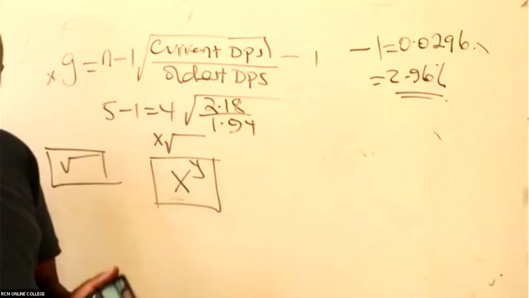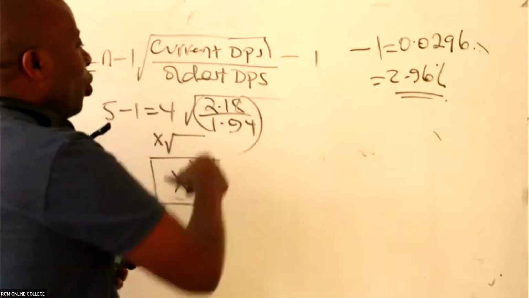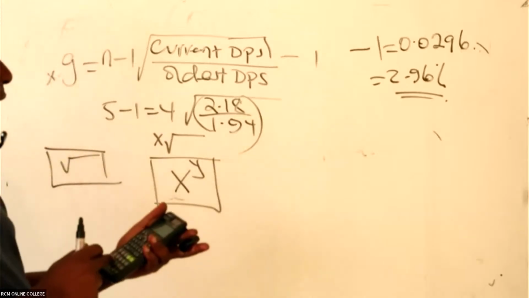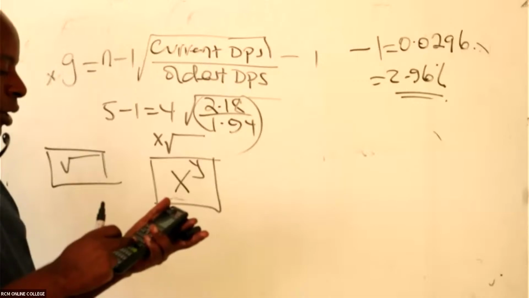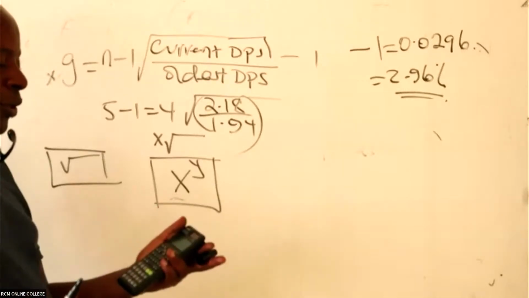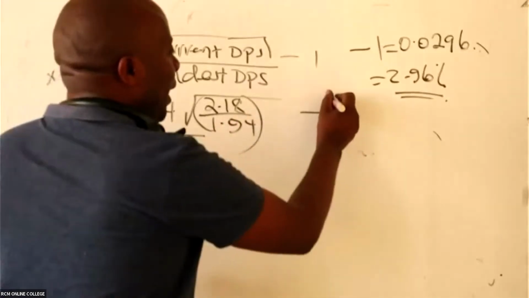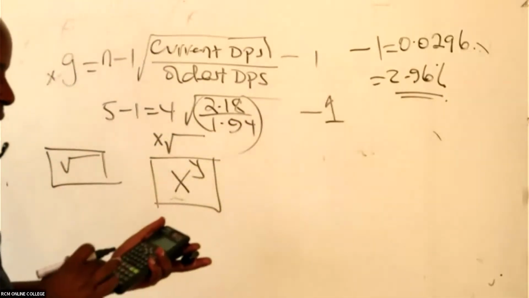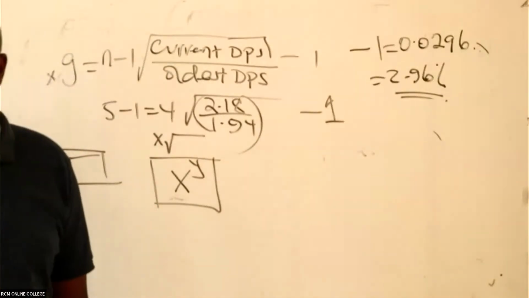Always open brackets: 2.18 divided by 1.94, close brackets, and say equals. After that you take away the 1 and you'll get the answer.